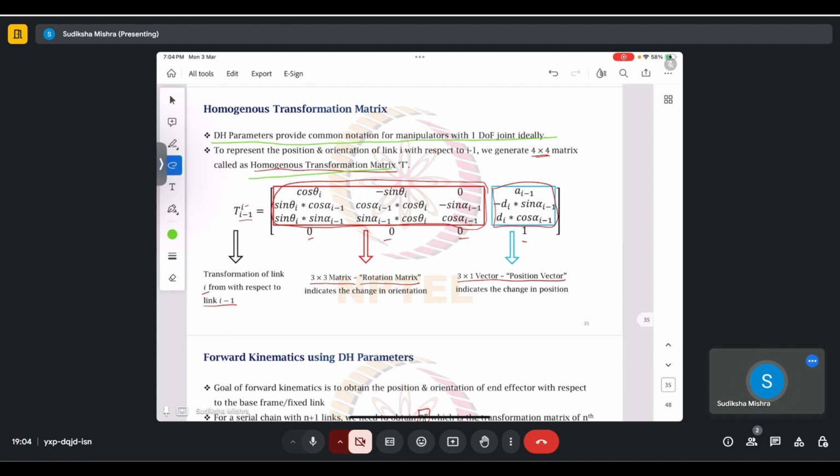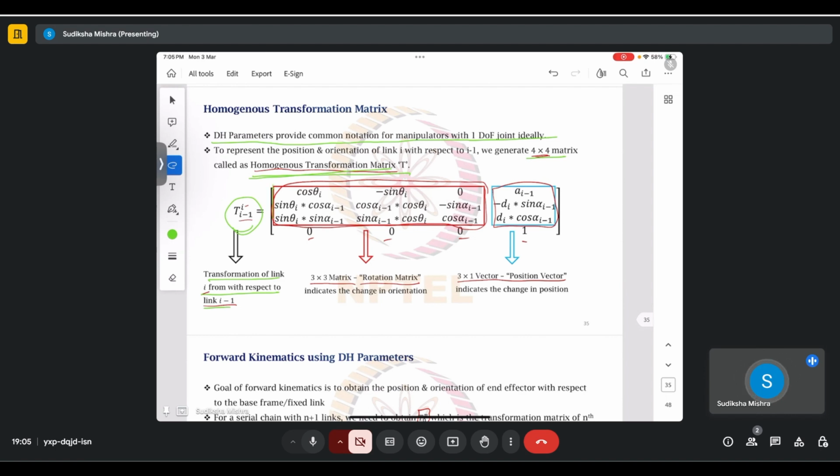They help you represent the position and orientation of link i with respect to link i minus 1, which can be represented as a 4x4 matrix called a homogeneous transformation matrix, T, which is basically T i minus 1 to i, the transformation of link i with respect to link i minus 1.